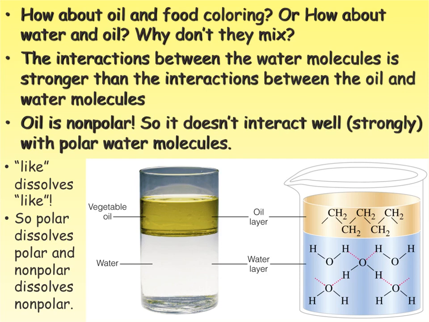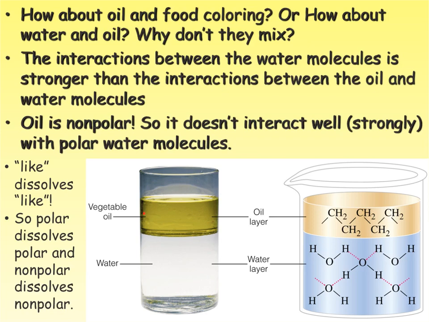All right, so what about oil and food coloring or water and oil? Why don't these things mix? So if you had vegetable oil and water, you would notice that they form two distinct layers. This is because water is polar and vegetable oil is nonpolar. So they don't interact strongly together.